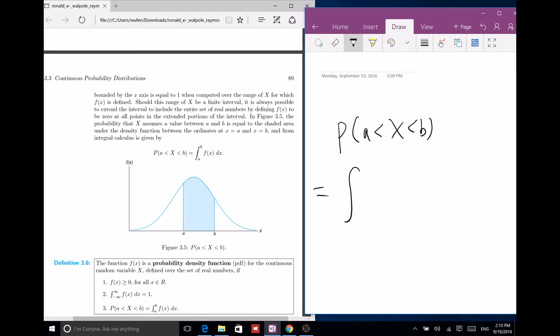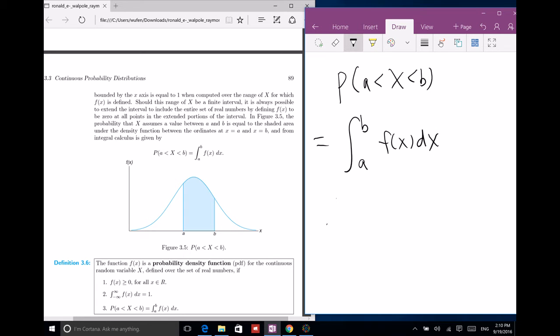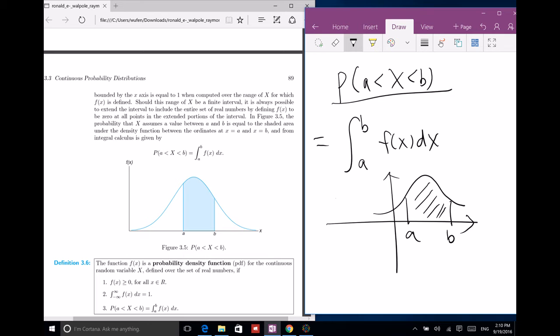So you take the integral from A to B of f(x) dx. From the picture, it's going to be the area from A to B, and that is the probability of x bigger than A and less than B. You add all the possibilities together.